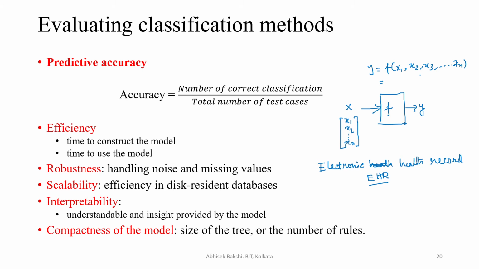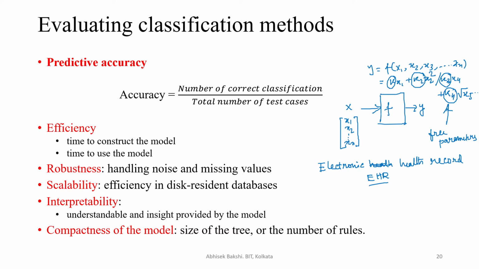So the equation can be something like k1 x1 plus k2 x2 square by k3 x4 plus k4 root over x5, something like this. Now the question is, what is this k? These k's, all these k1, k2, k3, k4, are what we call free parameters.